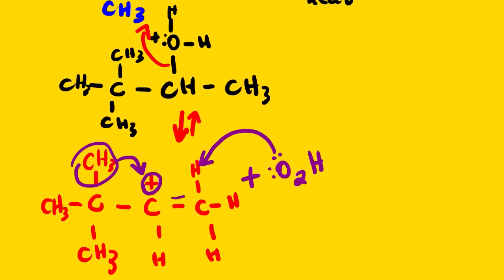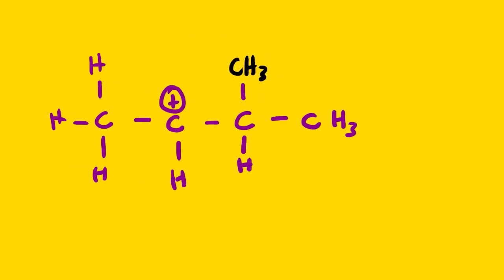There's actually a problem here. Let me check. Okay, we have a methyl, so the only thing that is shifted is only this methyl group. So it simply means that in our structure here, instead of hydrogen, we have another methyl here.